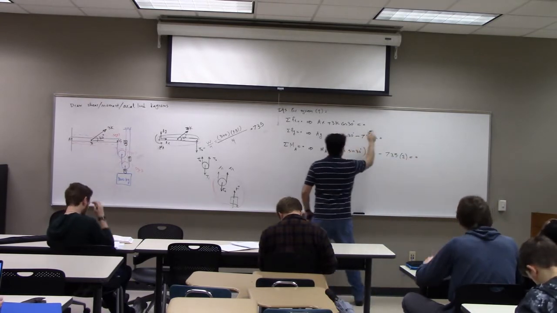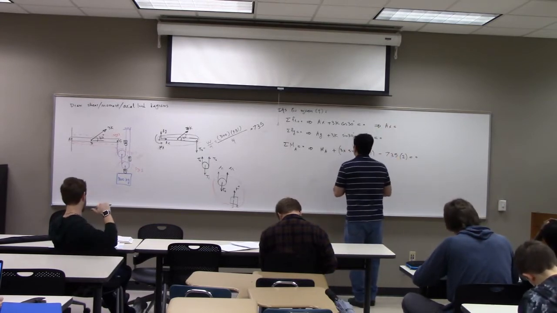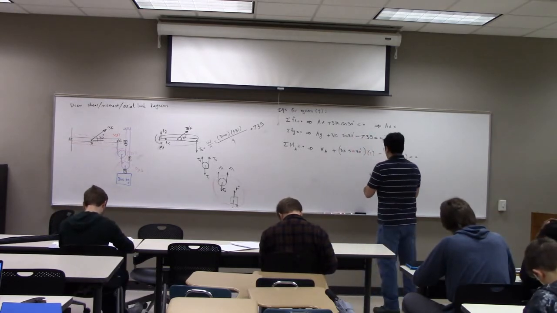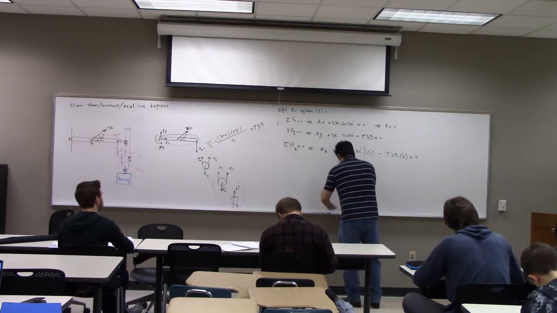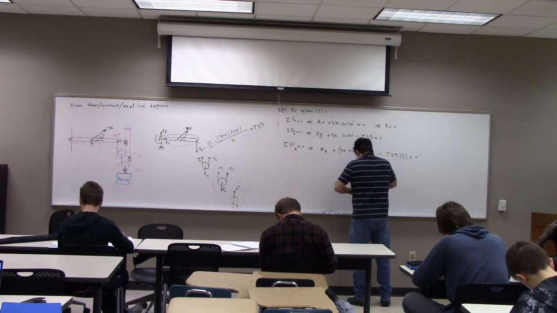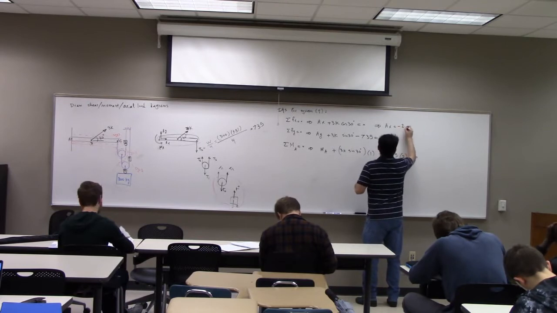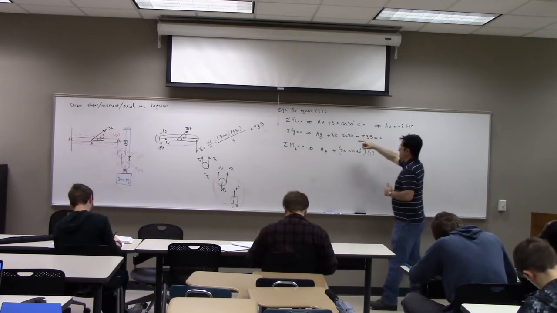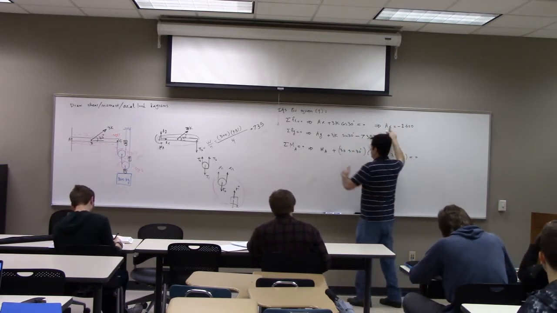Now solve it. AX is equal to negative 2,598, closer to negative 2,600. Right? AX. Double check the numbers, use your calculator, so you've got to get the right number.